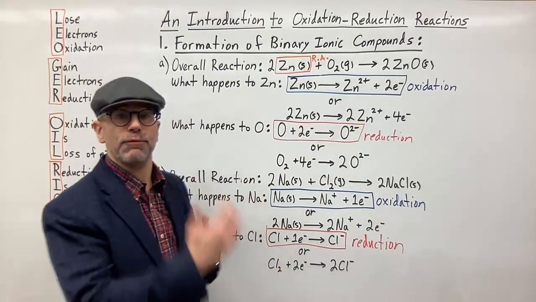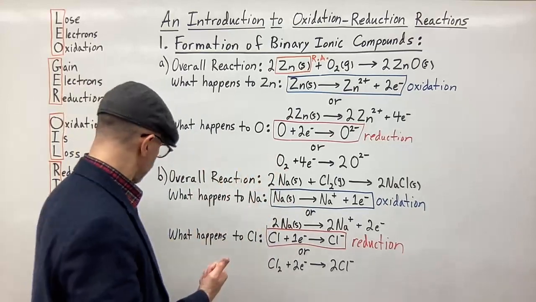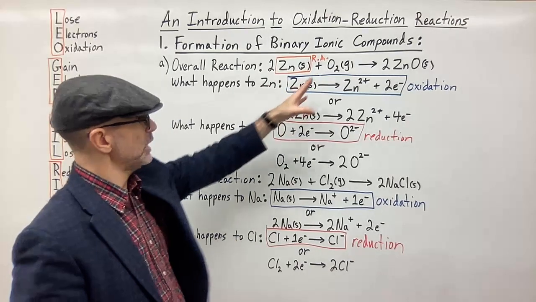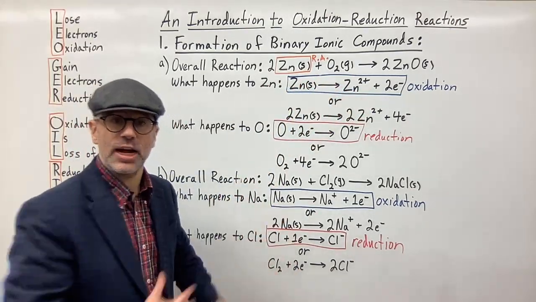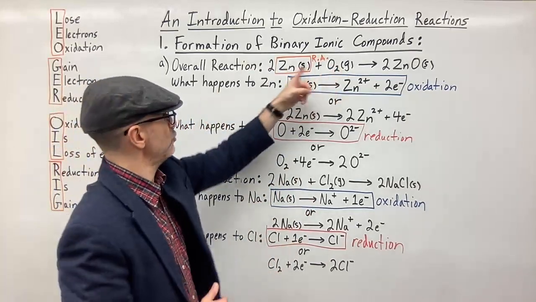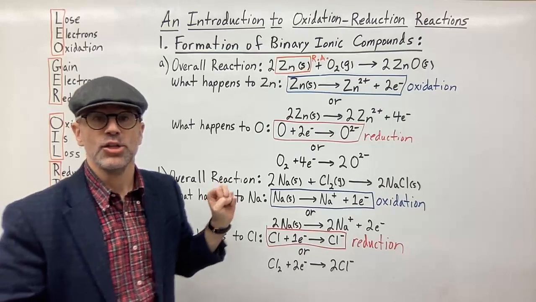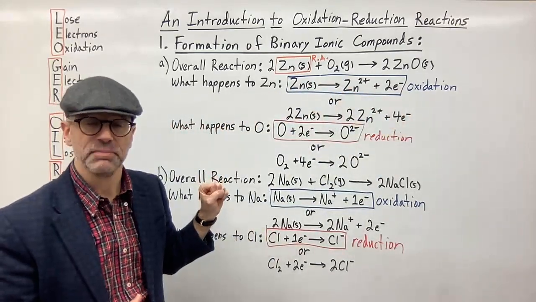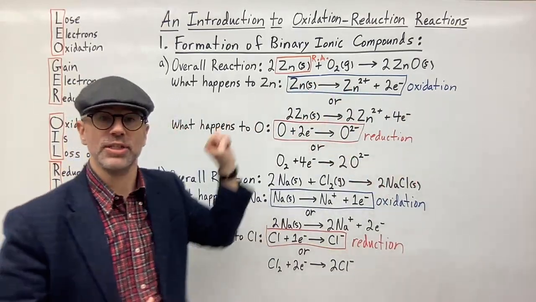Okay, so on the flip side, what's happening to oxygen? What's going on from oxygen's perspective here? So oxygen is taking the electrons away from zinc. So it is an actor as well. It's acting by taking electrons from zinc. In doing so, it is causing zinc to lose the electrons.